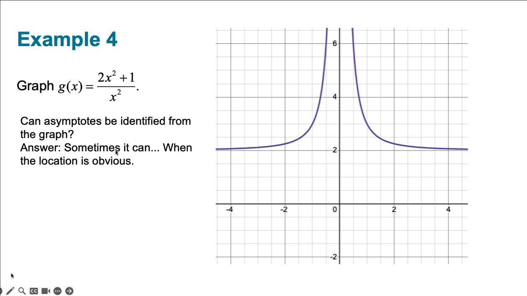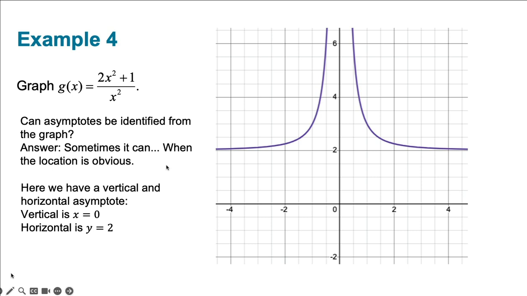The answer is sometimes it can, when the location is obvious, when you can actually read the graph and see where those numbers are. So here we have a vertical and a horizontal asymptote. The vertical one is the line x equals 0, which is basically the y-axis, and the horizontal one occurs at y equals 2.